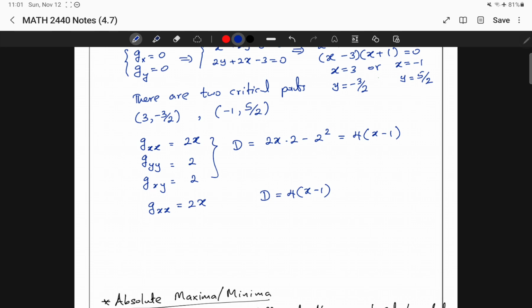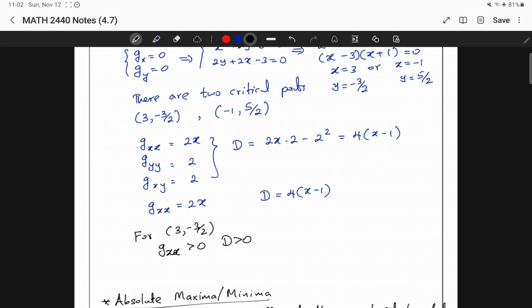I have two critical points. Let's apply the test for each of these points. For the first point, which says x is 3, gxx is positive and D is positive.